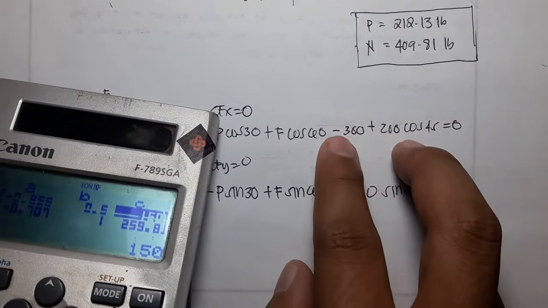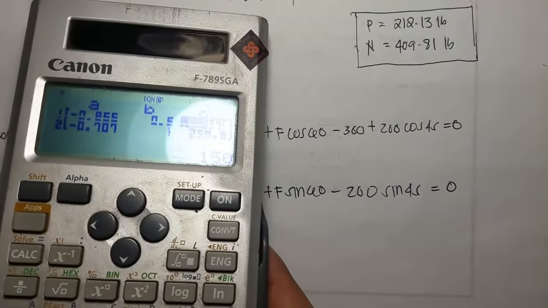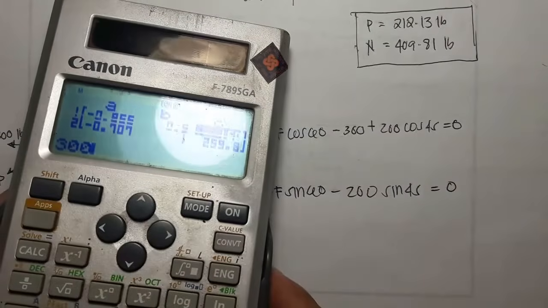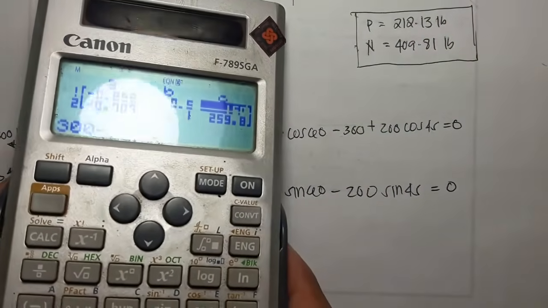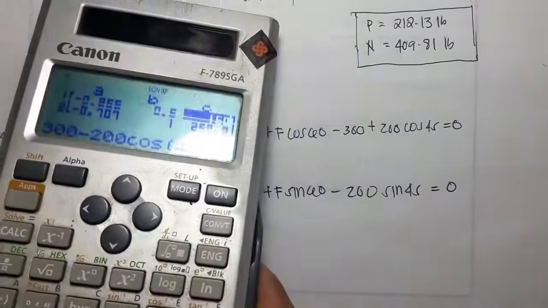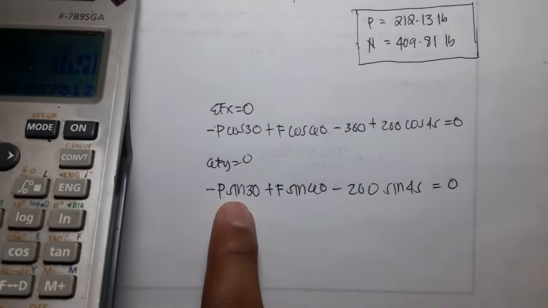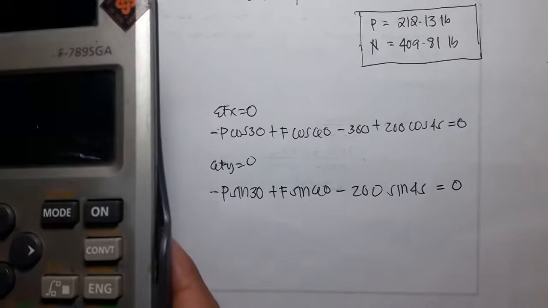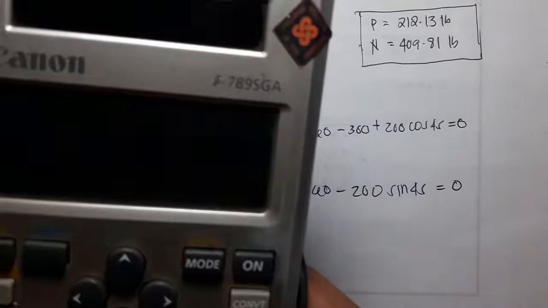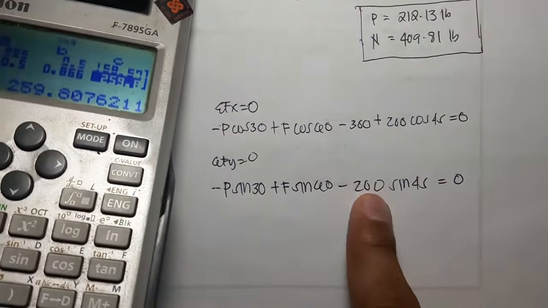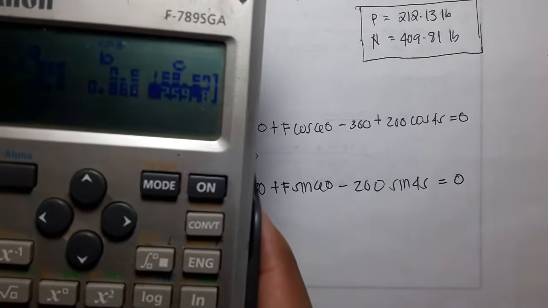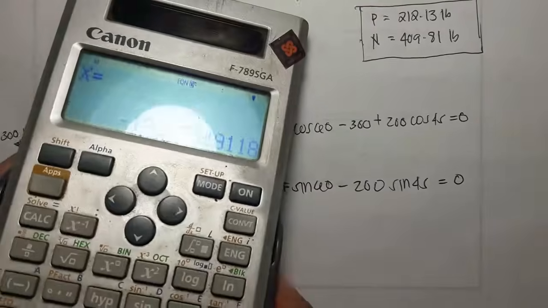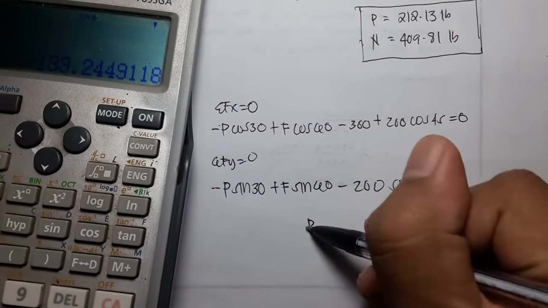So if you transpose these two, the 300 is positive, so 300 positive, then the 200 will be negative. So minus 200 cosine of 45. Then we have negative sine 30, then positive sine 60, then transpose, so we will have 200 sine of 45. So we have P and F.